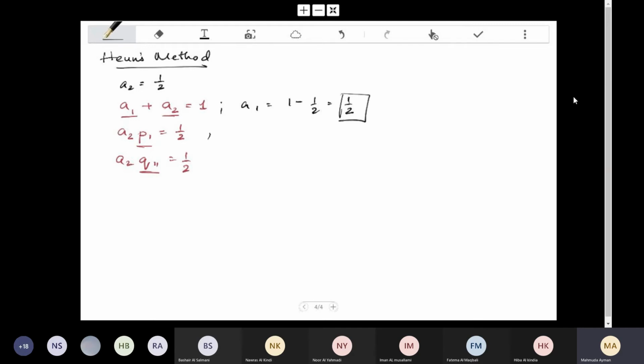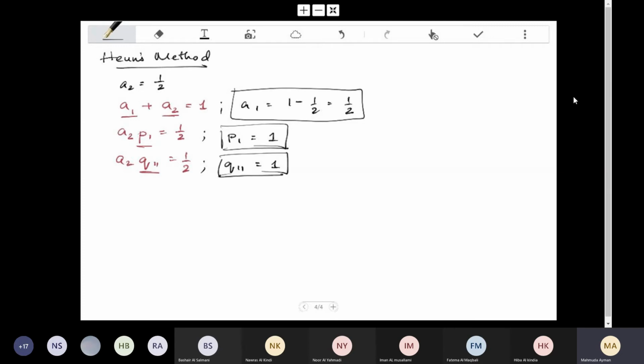And now since we know a2 is half, we'll get here p1 equal to 1, and q11 is equal to 1 again.